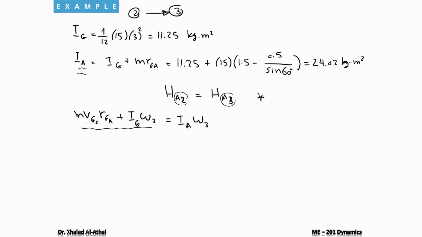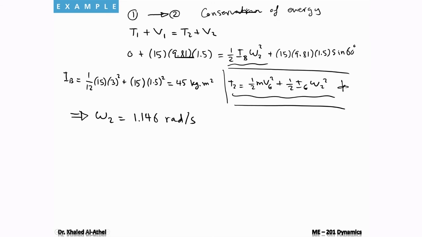Let's look at the numbers now, so it might be more clear when we start putting them. So the mass in this case is going to be 15. Okay. Now, velocity of G, I can write it as omega r also. So what is omega 2? Remember omega 2, I can say that Vg2 equals omega 2 times r.